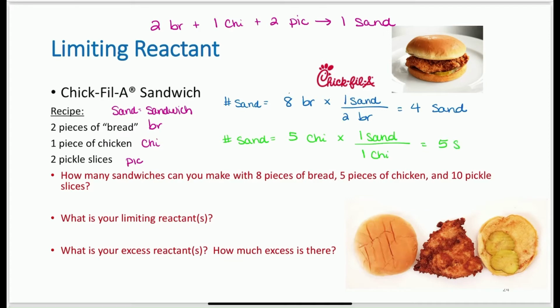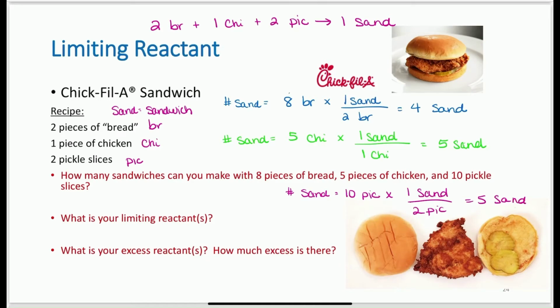So I could make 5 sandwiches. And lastly but not least, my pickles. Number of sandwiches equals 10 pickle slices. 1 sandwich contains 2 pickles, so I could make 5 sandwiches here.